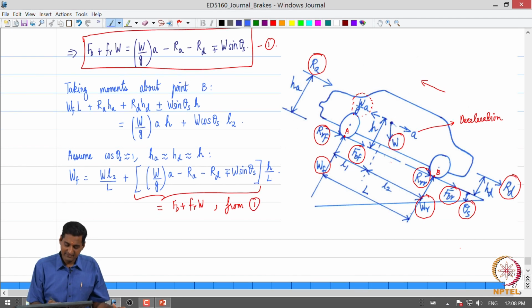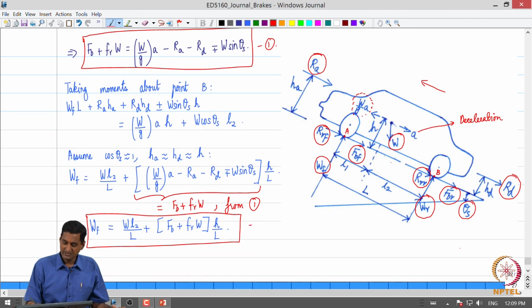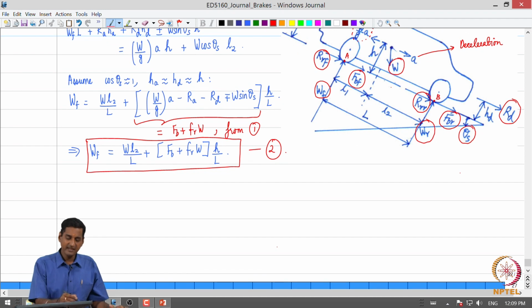So, this implies that WF is going to be equal to WL2 by L plus FB plus FRW times H by L. So, this is equation 2. Okay. So, this is the load on the front wheel.